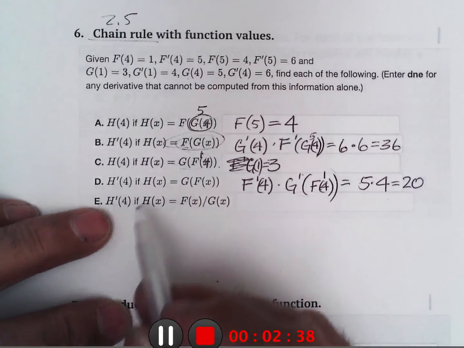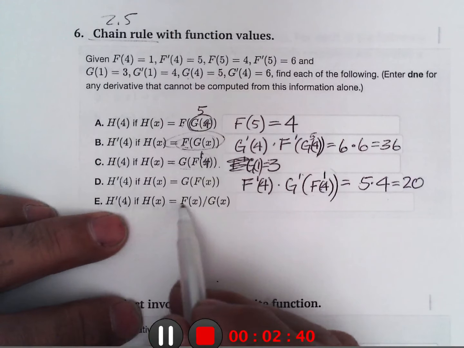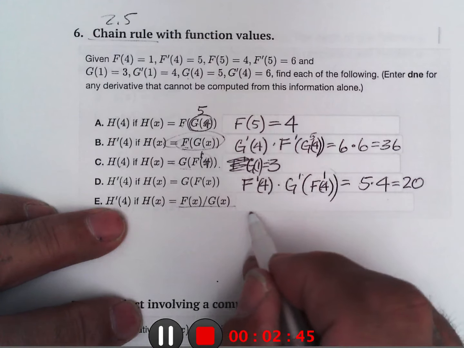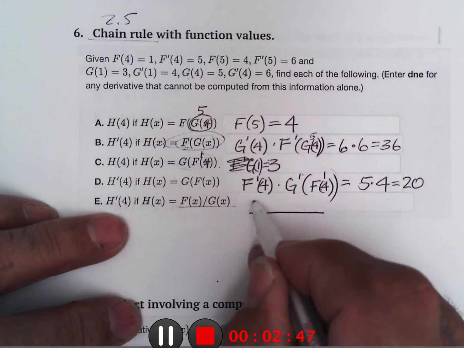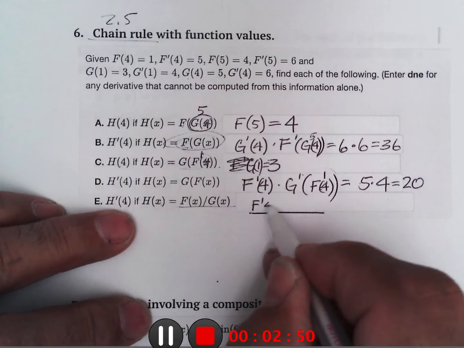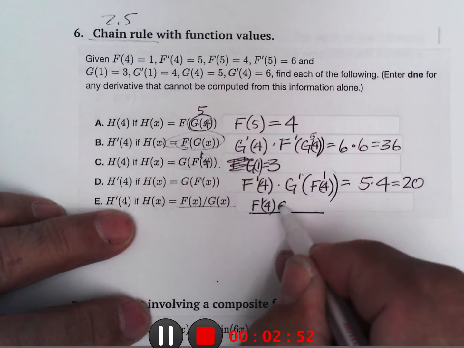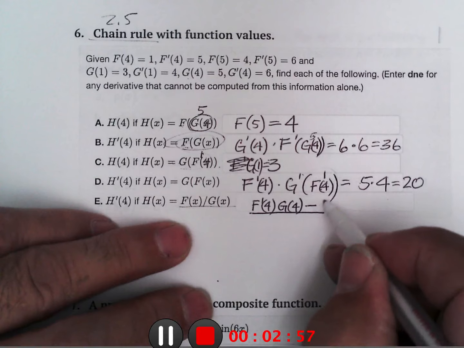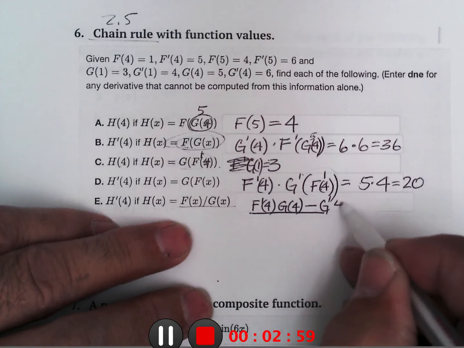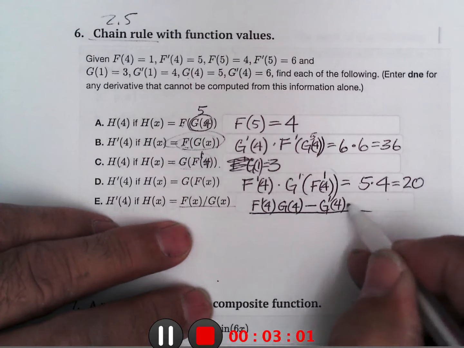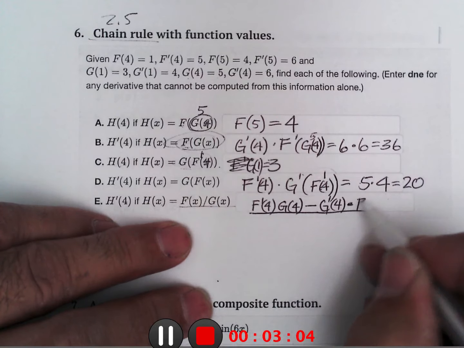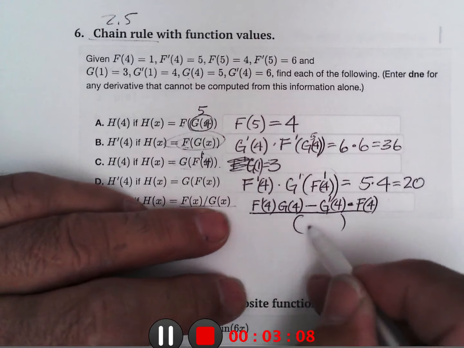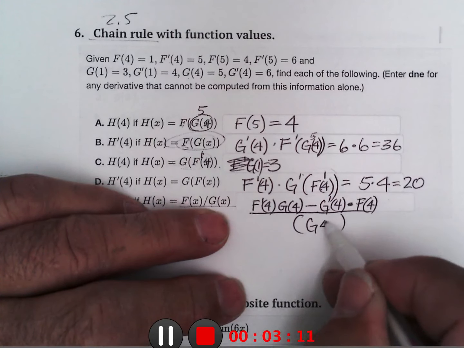Now h prime of 4, if h is equal to this, so h prime is going to be a quotient rule, so it's going to be f prime at 4 times g at 4 minus g prime at 4 times f of 4 over g of 4 squared.